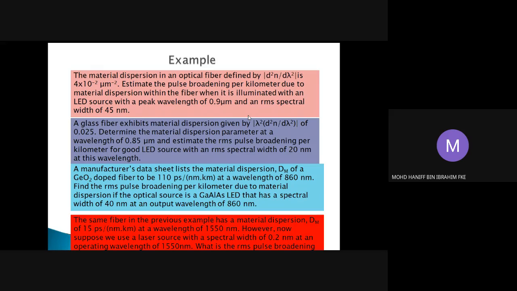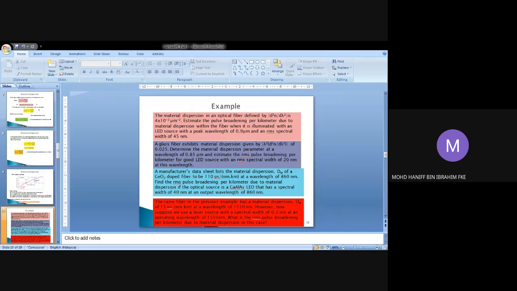For this question, since we are given the RMS spectral width of the light source, the pulse broadening to be obtained is the RMS pulse broadening, or RMS pulse spreading, per kilometer. Hopefully you understand these ideas. So let's have a look at the solution for example number 1.